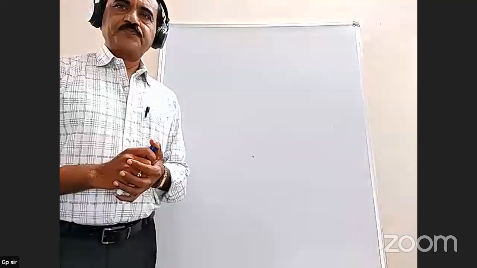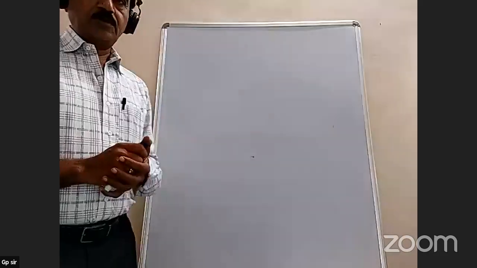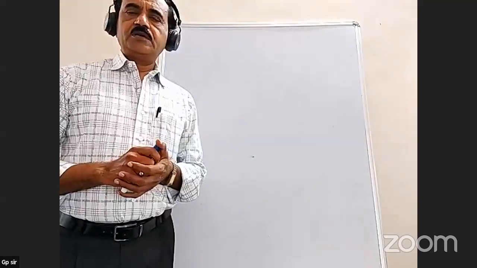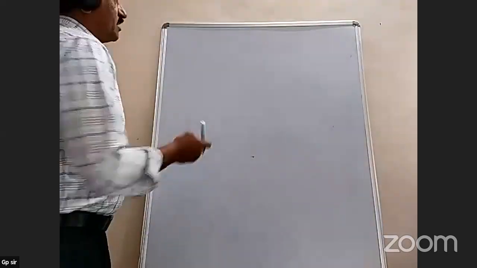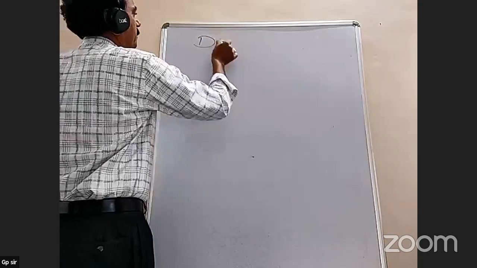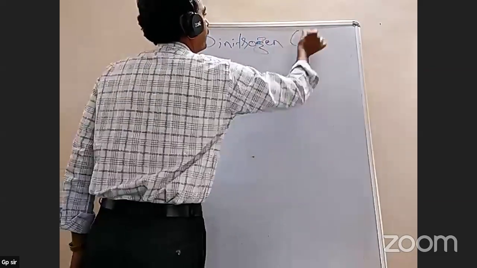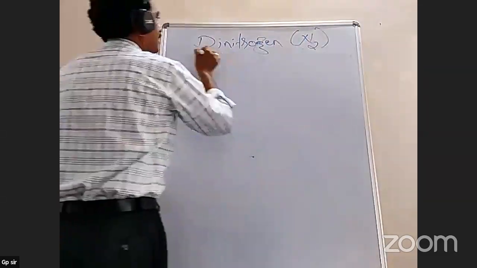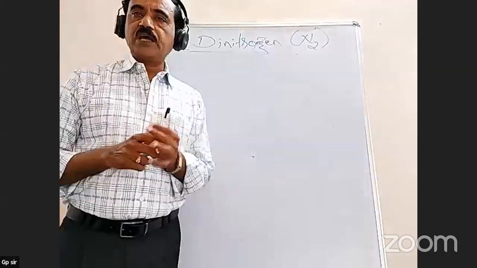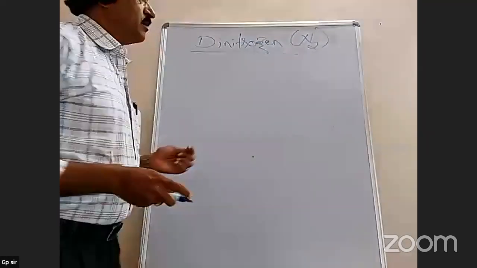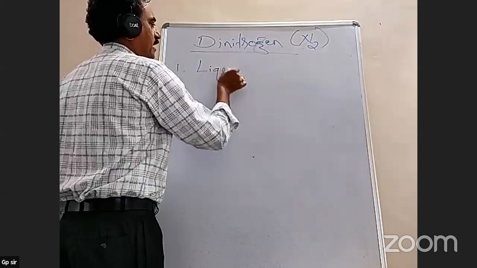So, in the last class, I was telling you about the methods of preparation of dinitrogen. Dinitrogen is manufactured on a large, industrial scale by the liquefaction and fractionation of air.